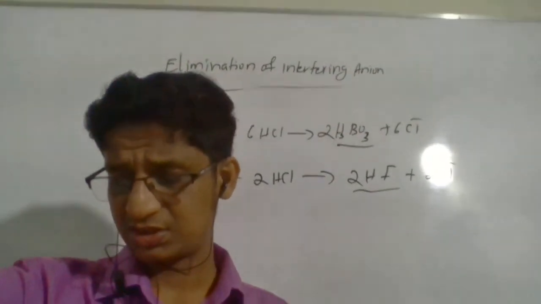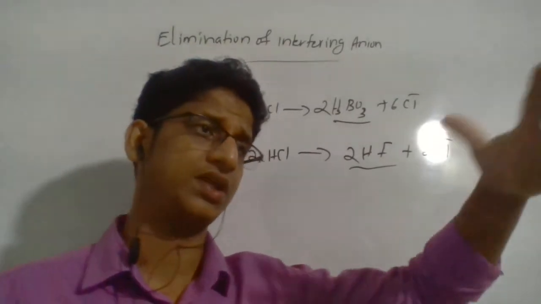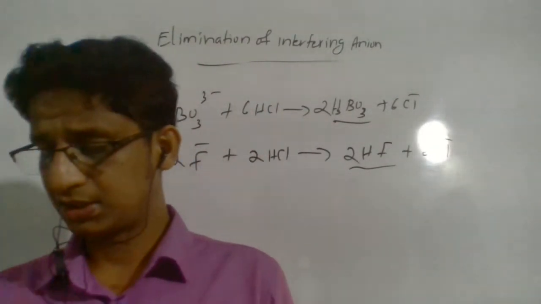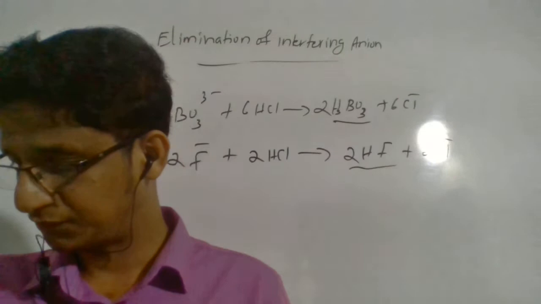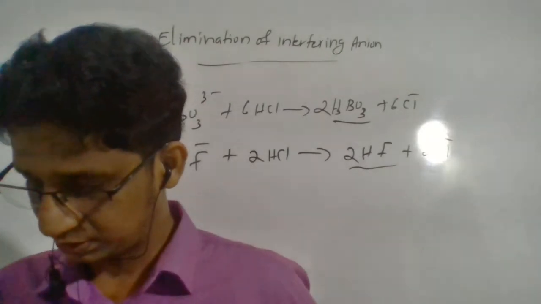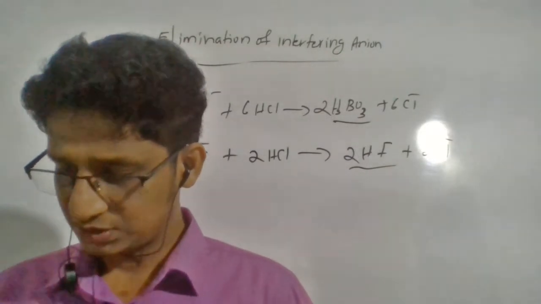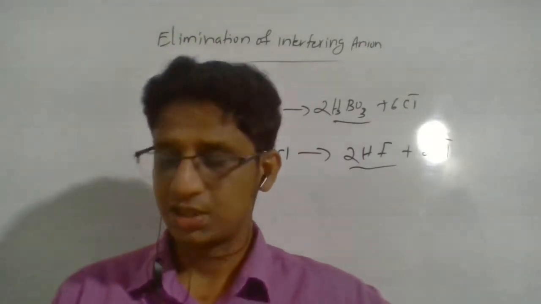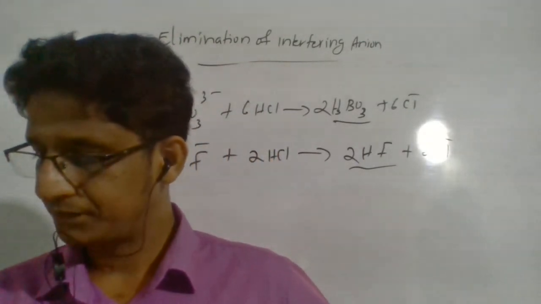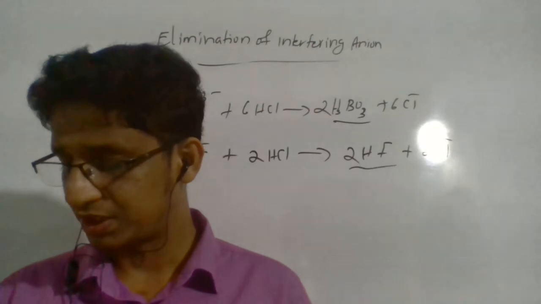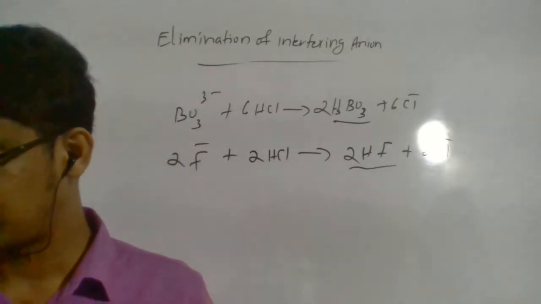Similarly, phosphate also you can eliminate as zirconium phosphate. That's one of the best methods. In the presence of zirconyl nitrate, phosphate can convert into the corresponding zirconium phosphate.